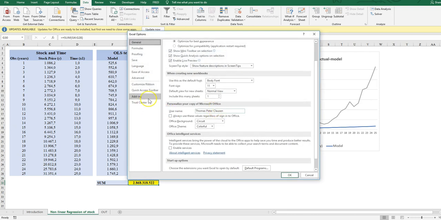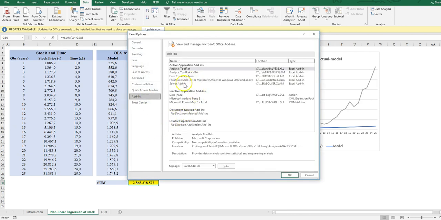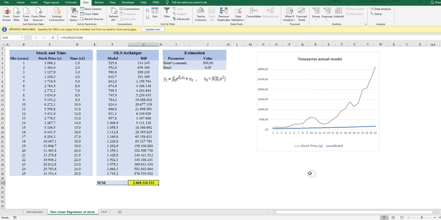Just to show you, we have an add-in, and here's Solver, and this Solver is not in the active application add-ins by default, so you have to activate it. Also, if you'd like to have all the nice regression tools and so on, you have to activate the Analysis ToolPak and also the VBA Analysis ToolPak. Okay, I'll just cancel it because obviously I have it up here.